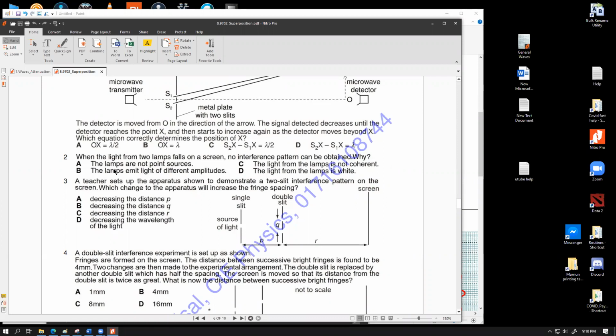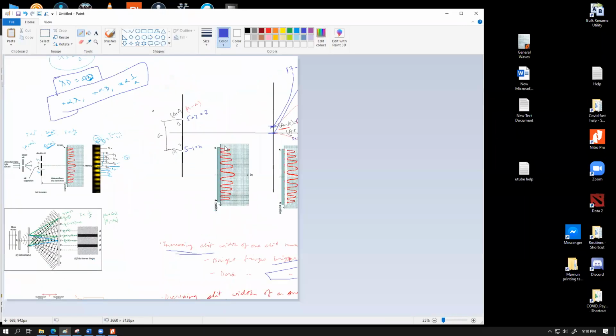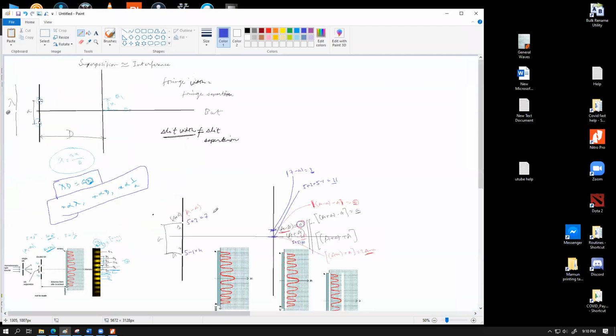Let's try to see. Our teacher sets up an apparatus shown to demonstrate the two-slit interference pattern on the screen. Which change to the apparatus will increase the fringe spacing? Let's copy this question up and try to equate the variables.